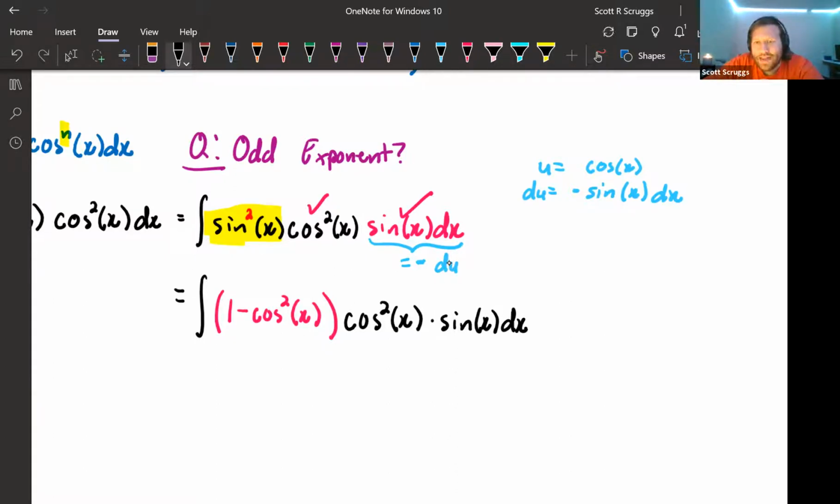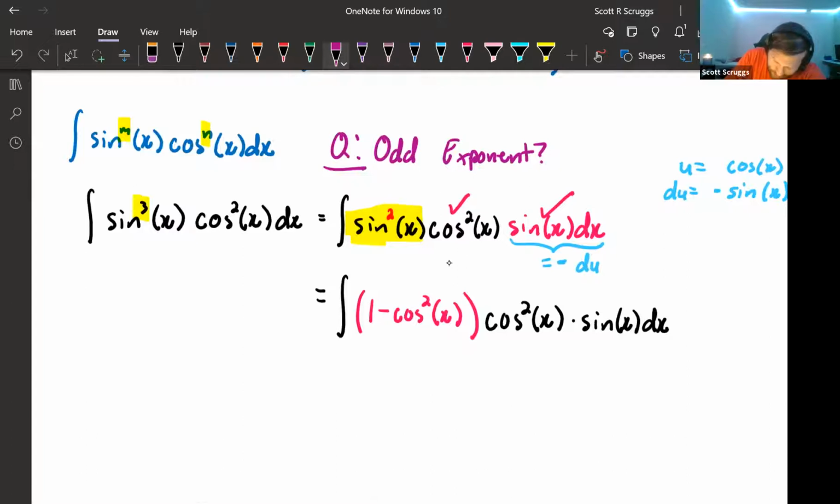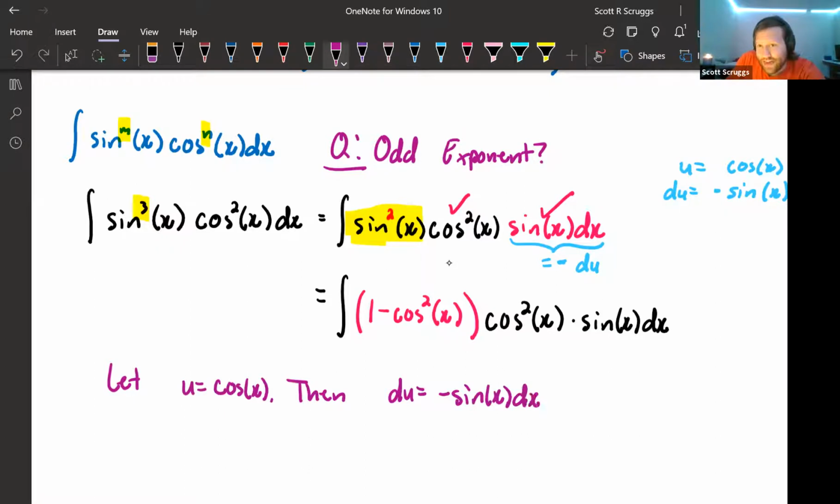And now after that step, I'm ready to do a u sub, where u is cosine of x. Then du is negative sine of x dx.